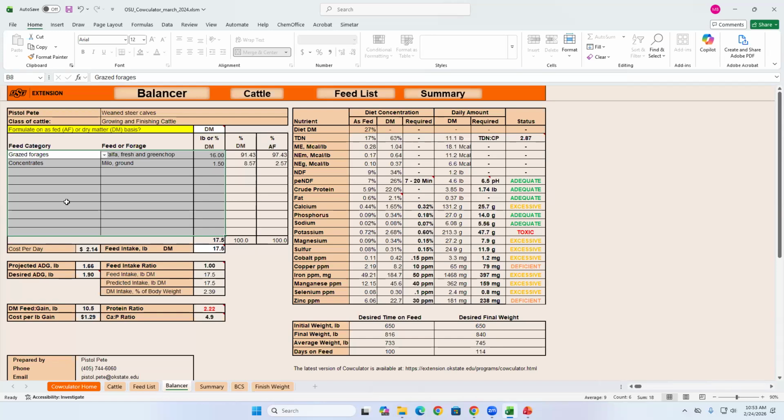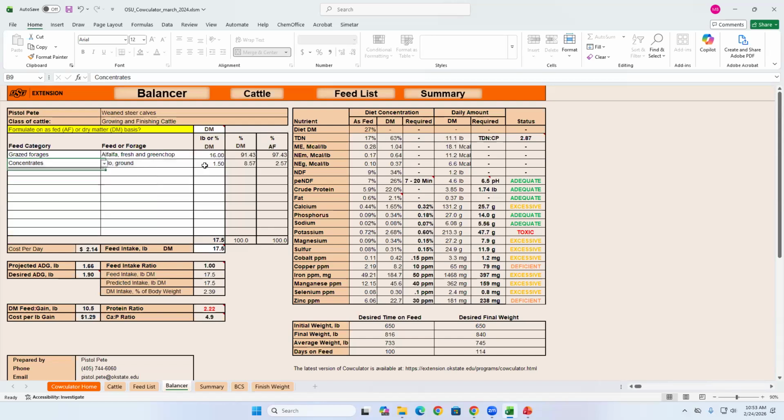So if we have a forage that is suppressing intake because it's deficient in crude protein, and we provide a supplement that's ameliorating that deficiency, it may not show us the actual response in forage intake that we would expect or that we see in practice. So something to keep in mind.